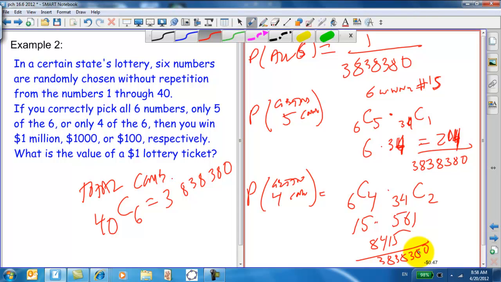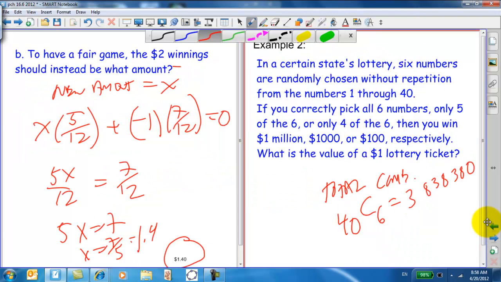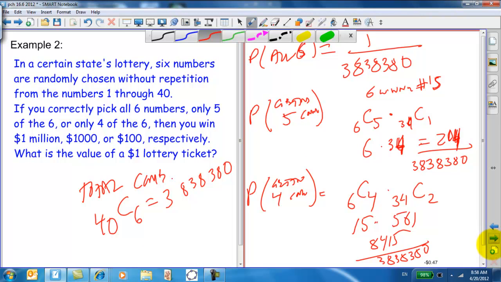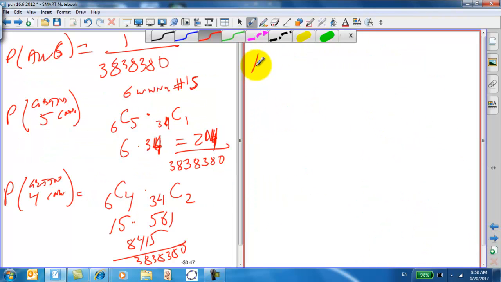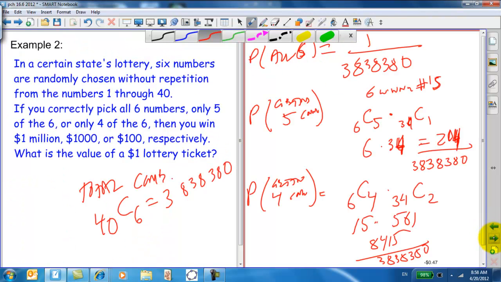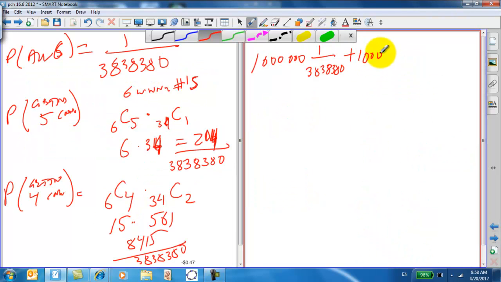So we've got the probabilities now. Now you have to multiply them by their winnings. So you get $1 million for that first one, times 1 out of 3,838,380, plus, I believe the second one is not so big, 1,000 times 204 over 3,838,380.